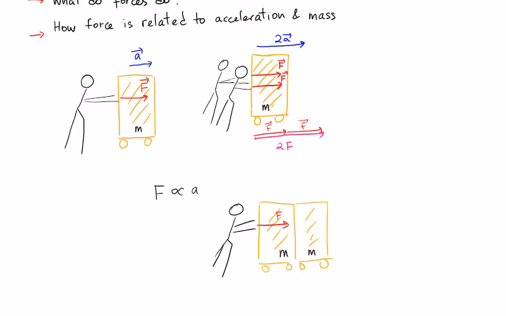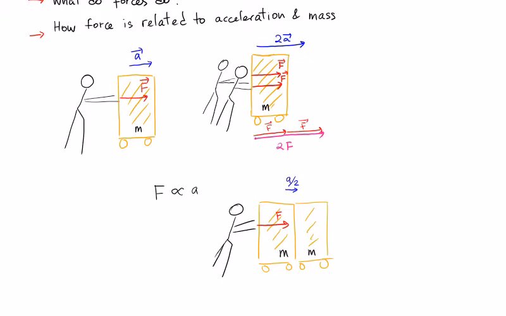If you double the mass, from your experience, you would know it would be more difficult to move. So what you will end up observing is that acceleration becomes half. So when you double the mass, acceleration is halved.